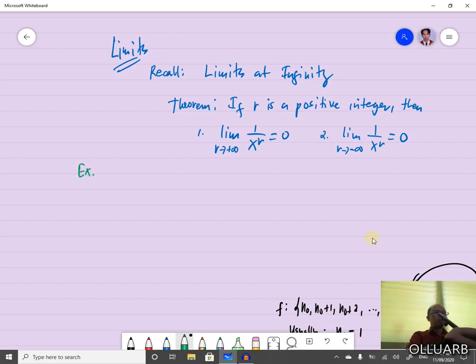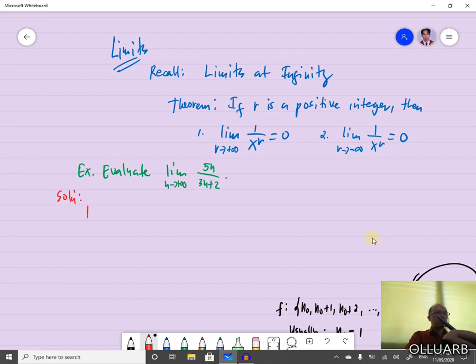Example: evaluate the limit of the sequence 5n over 3n plus 2 as n approaches positive infinity. Okay, so solution.